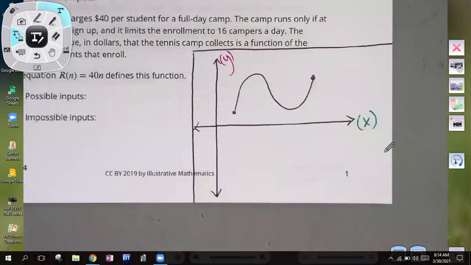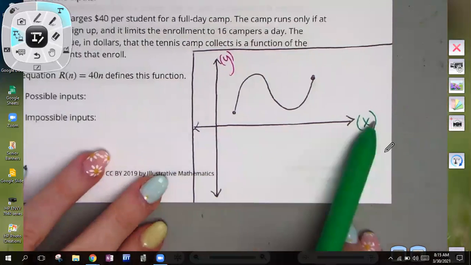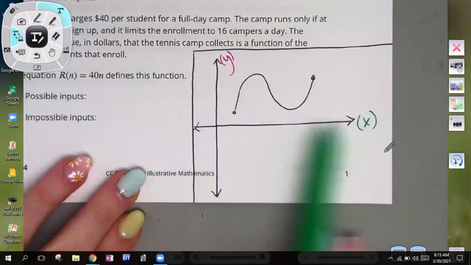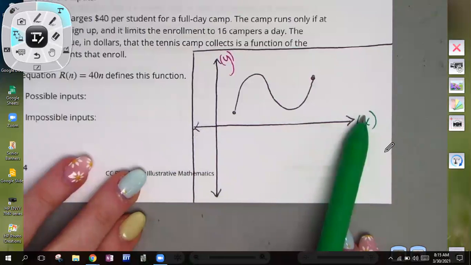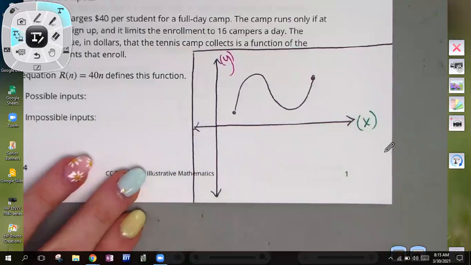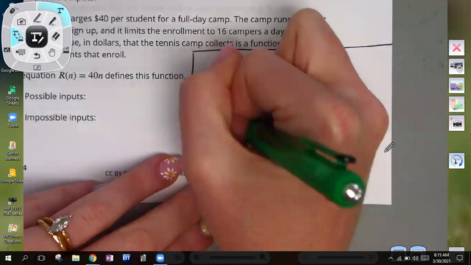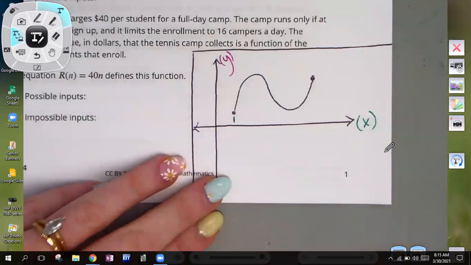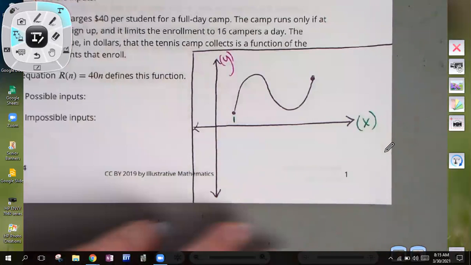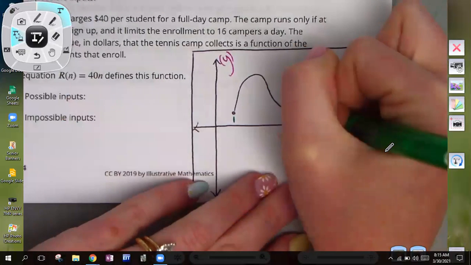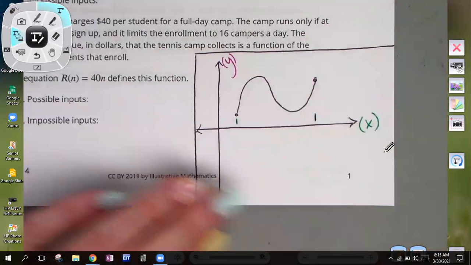Okay, so whenever we are talking about the domain, we're talking about the x values, right? What is the x-axis? How does it move? Left to right. So when you're measuring the domain, you're measuring your function from left to right. So we just see where it starts the furthest to the left. I'm going to put a little line there, and I'm going to see where it goes all the way to the right. Draw a line there.